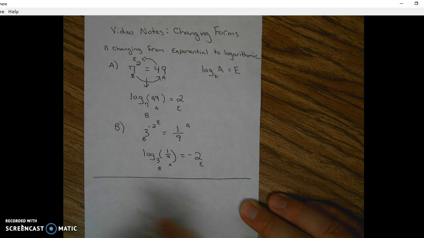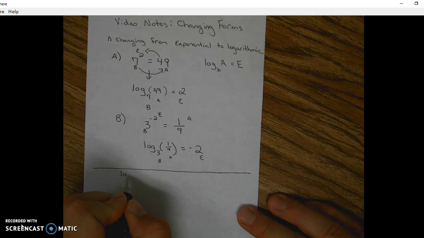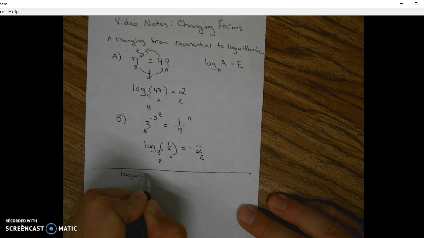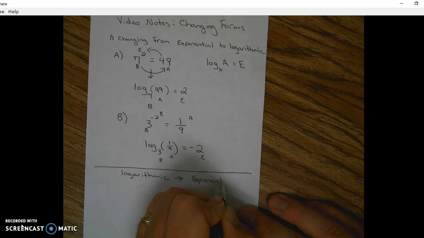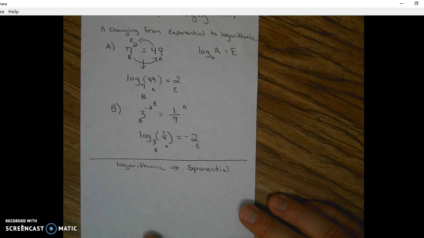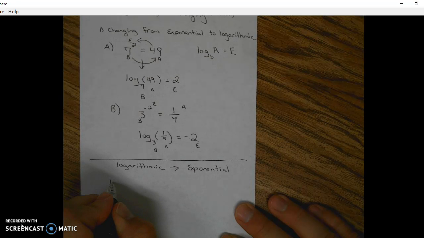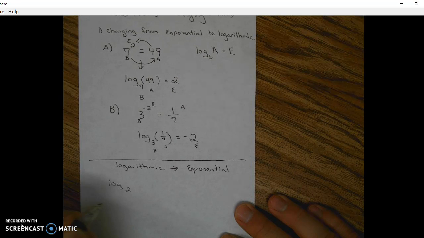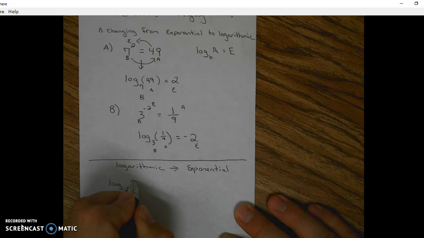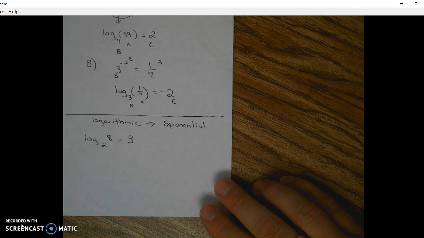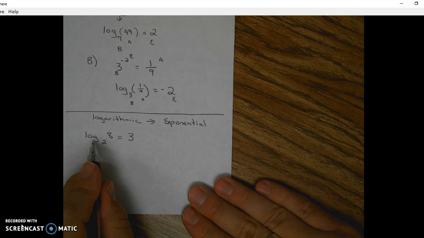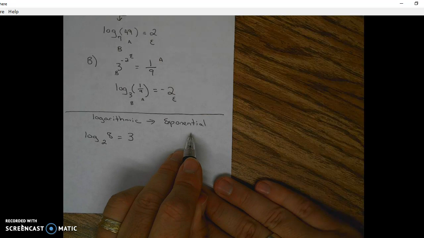Alright, let's go the other direction now. Let's go from logarithmic to exponential. So let's say that we're given log base 2 of 8 equals 3. So when going from logarithmic to exponential, we pretty much go the same order.